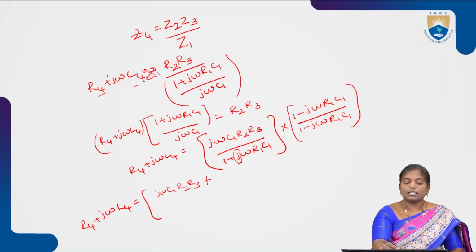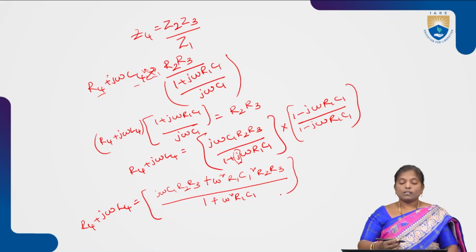Minus into minus gives plus omega square R1 C1 square R2 R3 by 1 plus omega square R1 C1, using a plus b into a minus b equals a square minus b square.